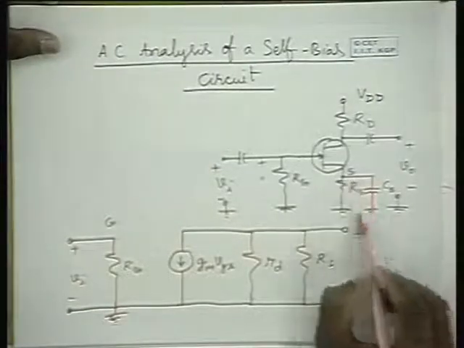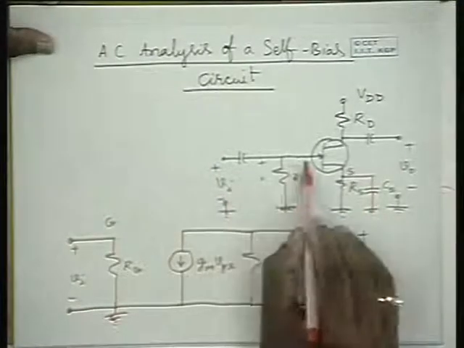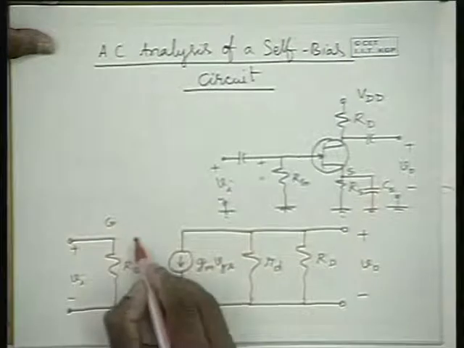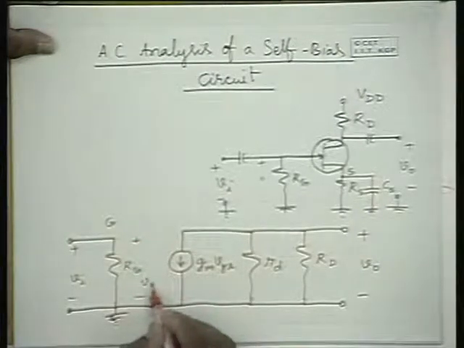Now, because this is a short circuit, this Vi directly appears between gate to source. So that means Vi is equal to VGS itself.